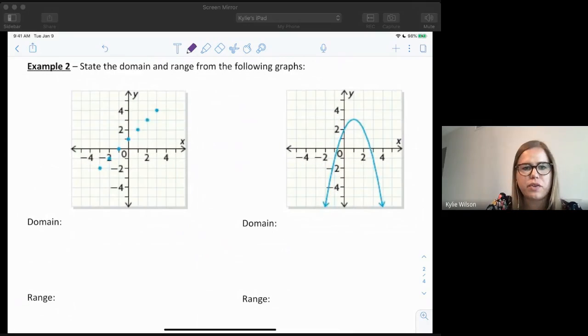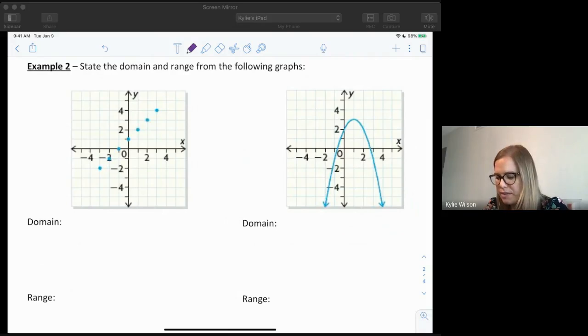So for example 2, we have all of these dots. Now, it's important to note that they're not connected. So that means that we don't have these values in between the dots. We only have the dots. And all of my dots are on whole numbers.